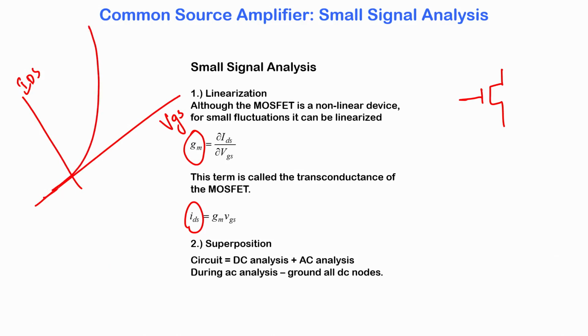So, the entire curve if you take as such, the MOSFET is definitely a non-linear device. Okay. But in a small region, if I fix my DC voltage and I am only looking at my AC signal, it is going to be my small VGS. In this region I can define the slope to be constant.